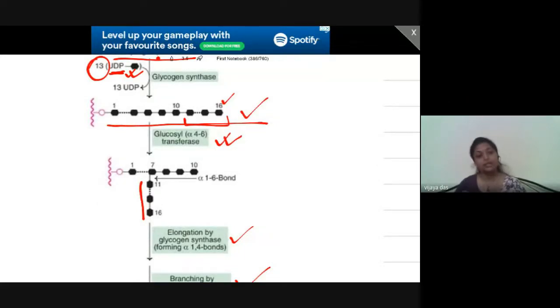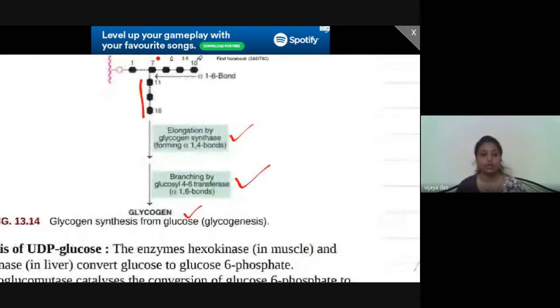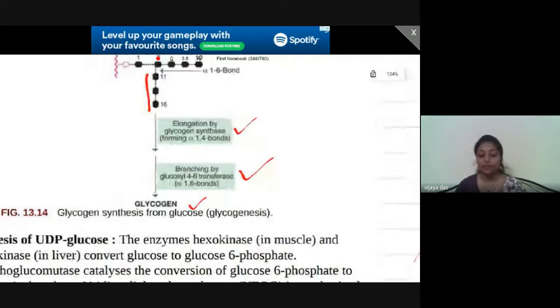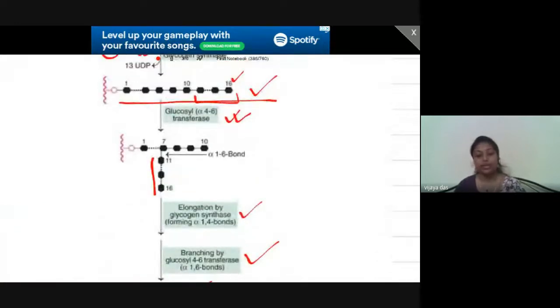And then the same process is getting repeated until you get a big glycogen. So in this process, we need to remember that there are two types of enzymes involved. One is the elongation enzyme, that is your glycogen synthase. Another is the branching enzyme, that is your glucosyl transferase.